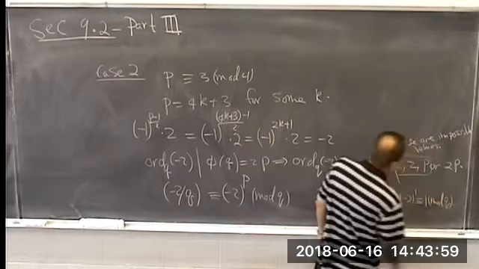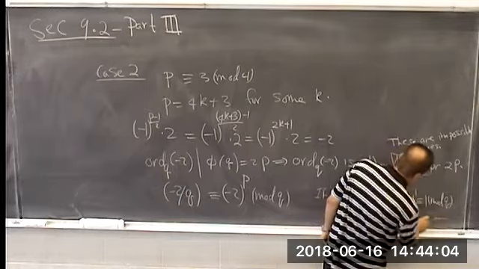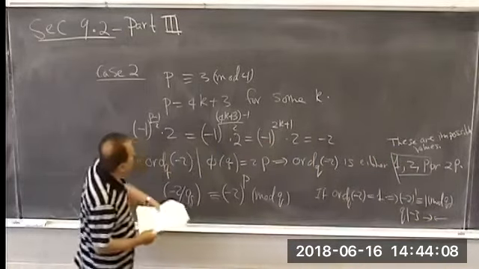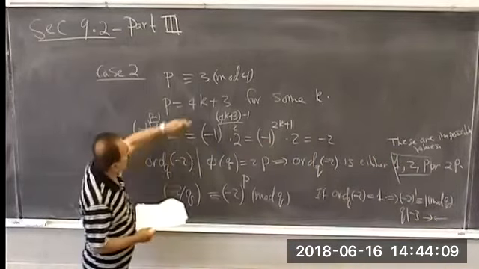And again, this is going to lead to q dividing negative 3. And you see this is not possible just because of the form of q, which is 2p plus 1. Similarly for 2, so I'll leave out a little bit of the details.